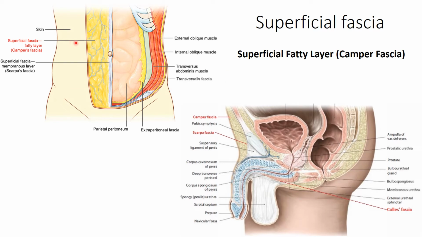Now the superficial layer, which is the fascia of Camper, is thick, areolar in texture and contains variable amounts of fat, and it is often greatly thickened in obese individuals. Inferiorly, it lies superficial to the inguinal ligament, and thereafter it continues with the superficial fascia of the thigh.